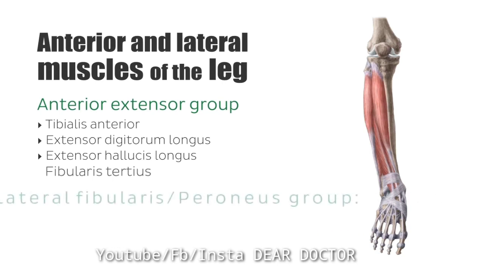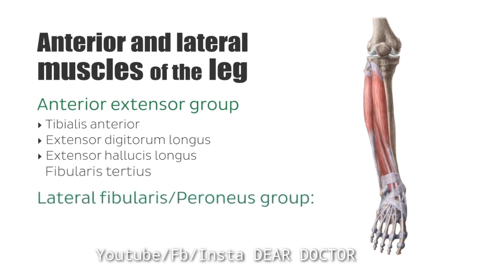The other group is known as the lateral fibularis or peroneus group. And keep in mind that fibularis and peroneus mean basically the same thing, so they can be used interchangeably. You can find some schools using peroneal or peroneus and other schools using fibularis or fibular in their names when they're naming structures, especially muscles or blood vessels.